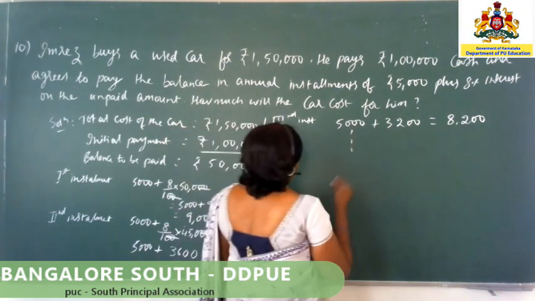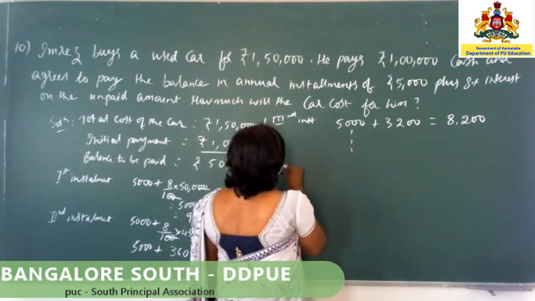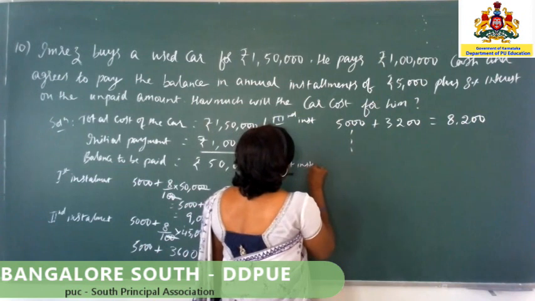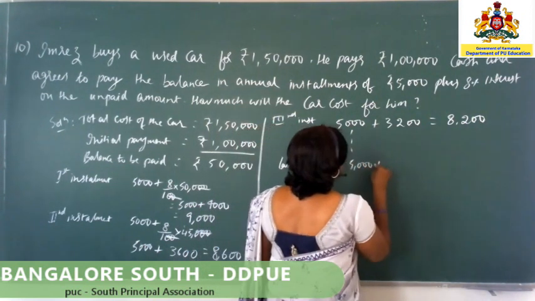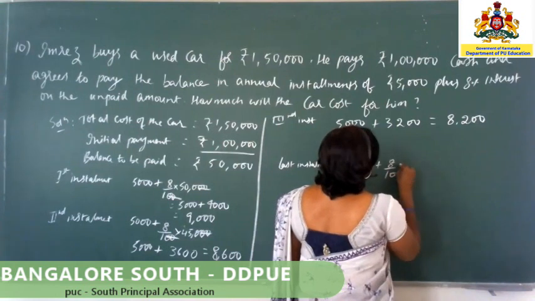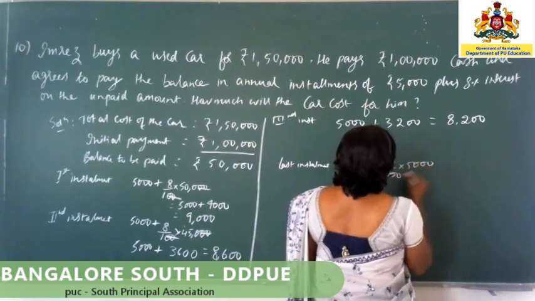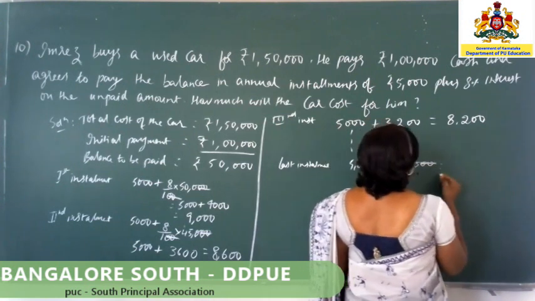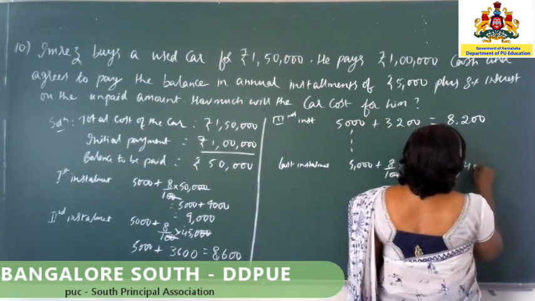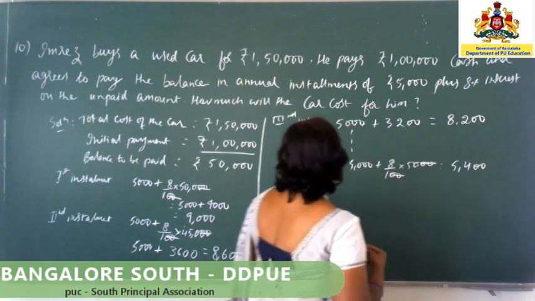So when you go on continuing, the last installment is 5,000 plus 8 by 100 into 5,000. So that is equal to 5,400.